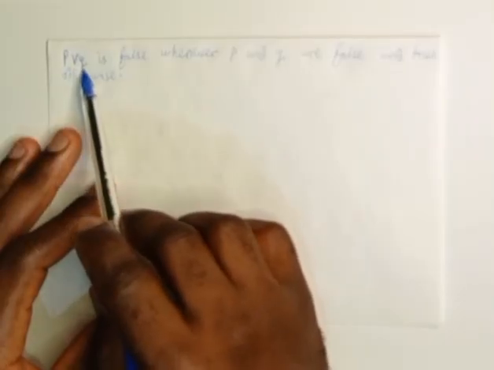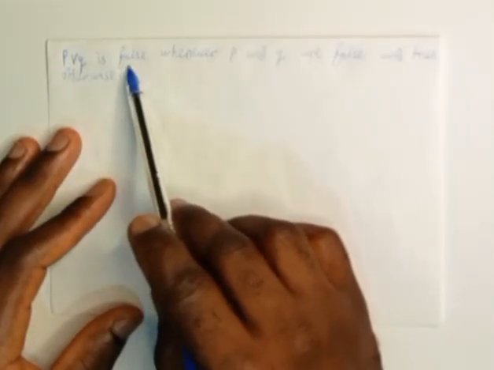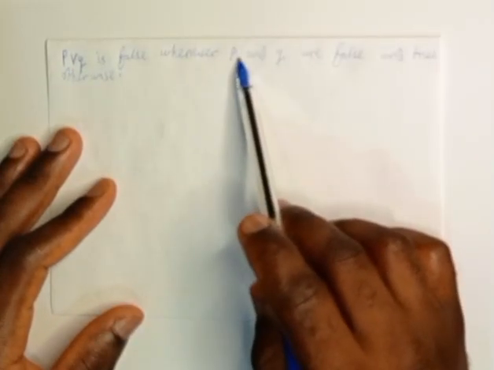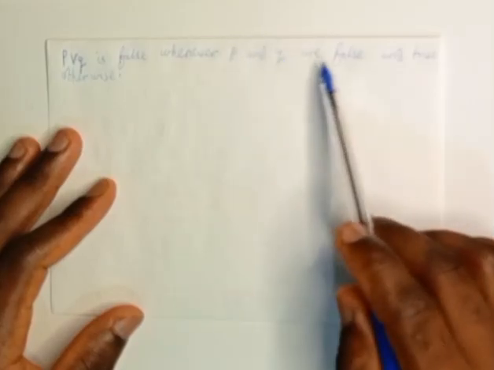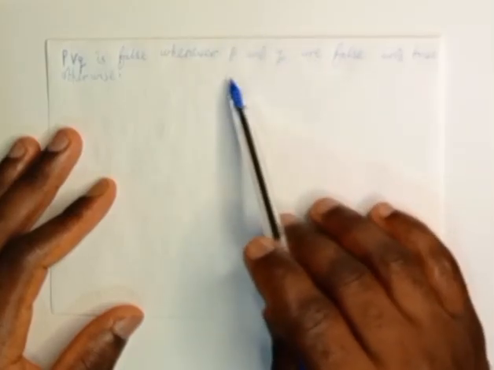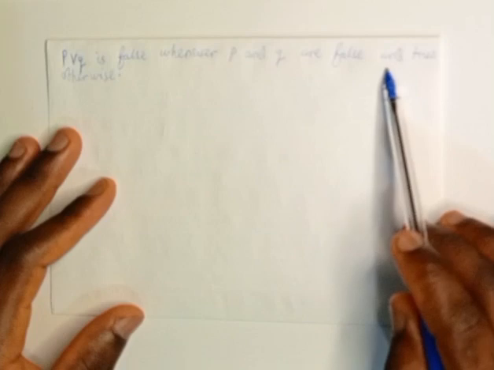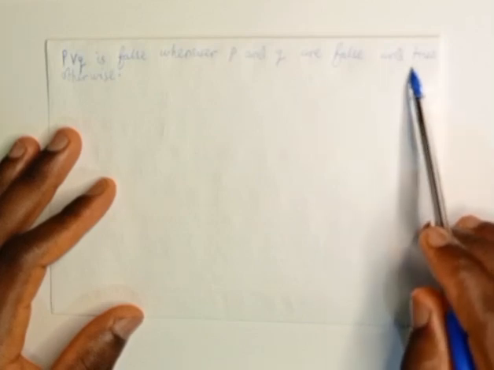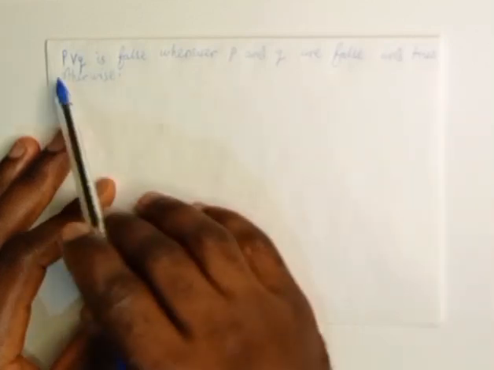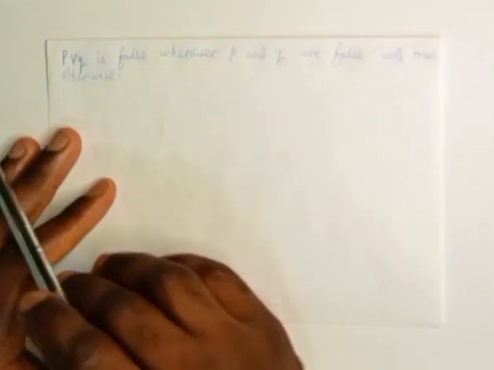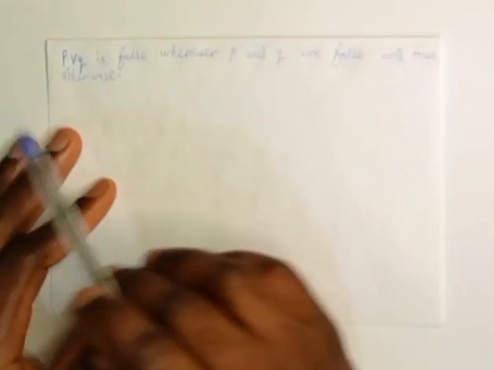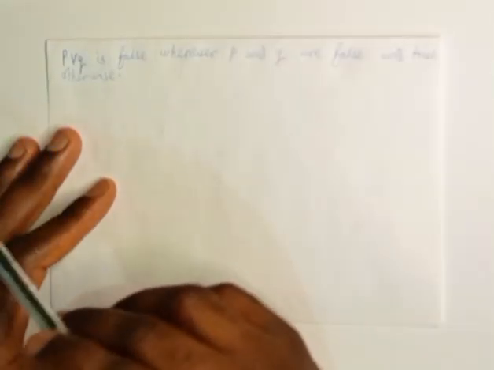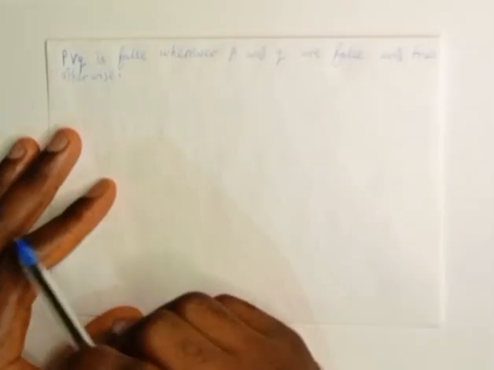That means the disjunction of the two statements P, Q is false whenever P and Q are false, that means when the two statements are false. And it is true for any other case. That means when P is true, Q false, or P false, Q true, or both of the two statements are true.